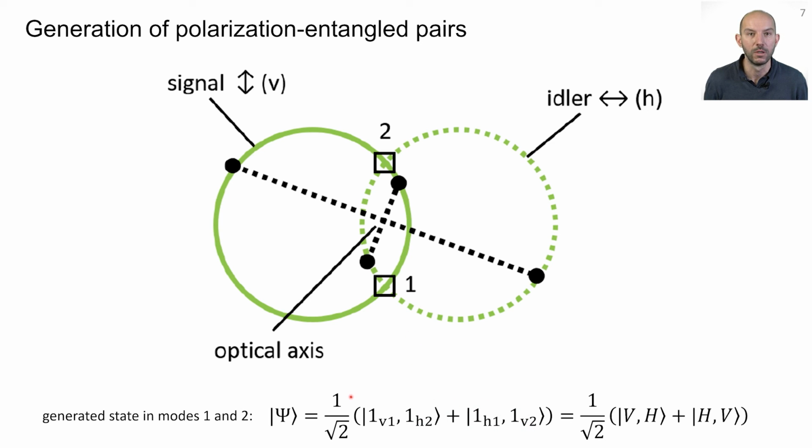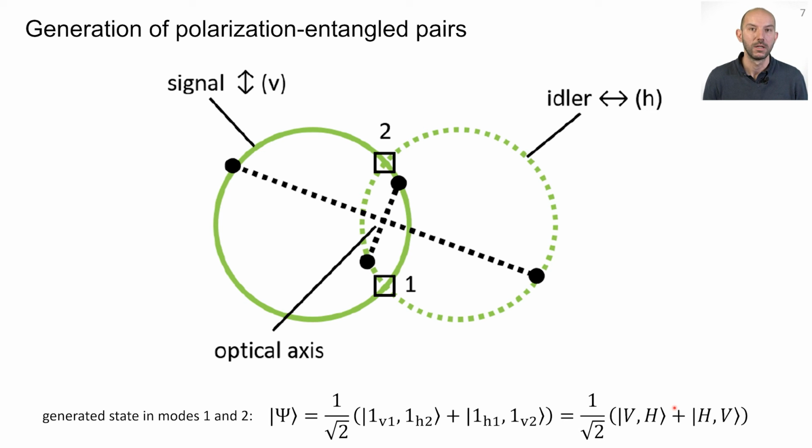Yeah? And if we do this with exactly equal probabilities or probability amplitudes of 1 over square root of 2, then we create a state which is maximally entangled, yeah? Which basically in this lazy physicist form can be written as exactly this VH plus HV, which is one of the maximally entangled so-called Bell states.